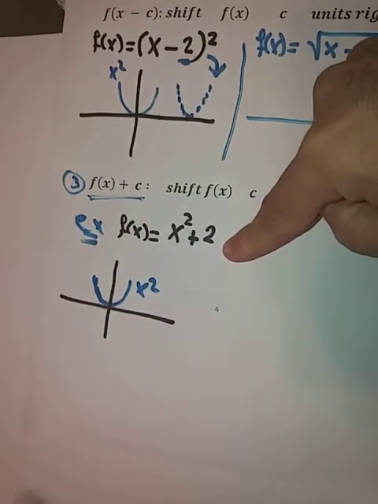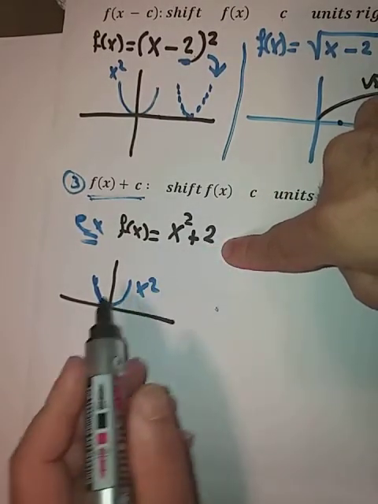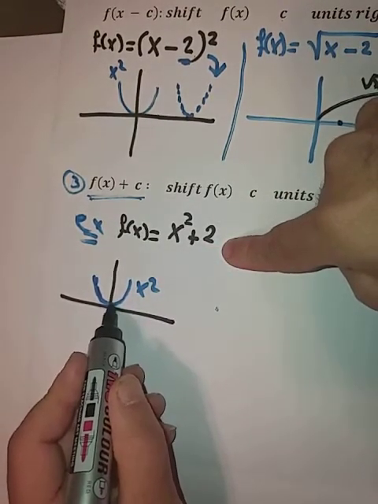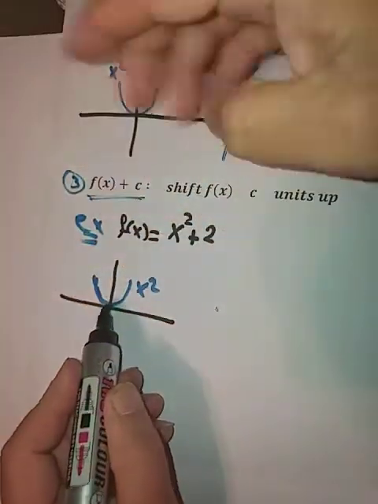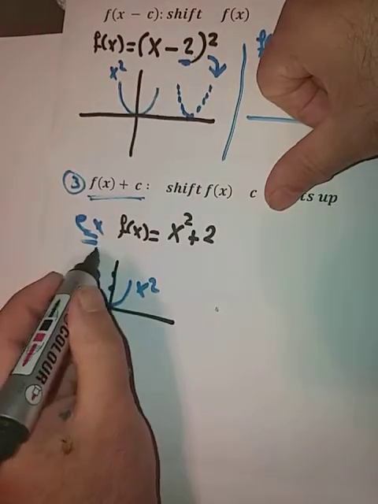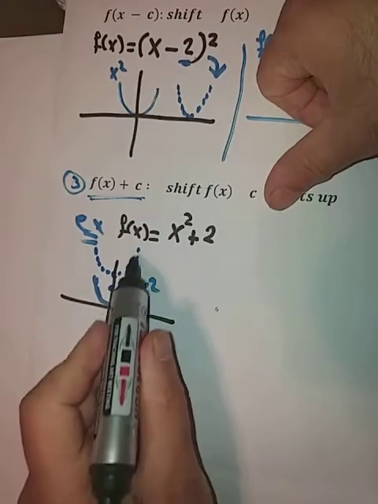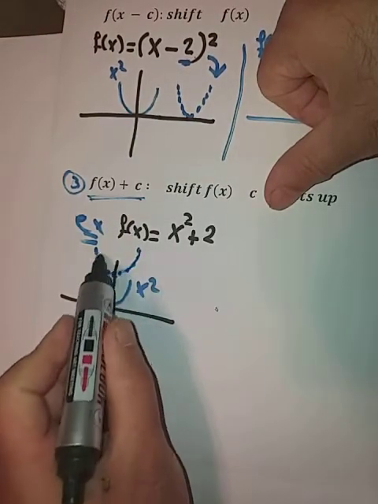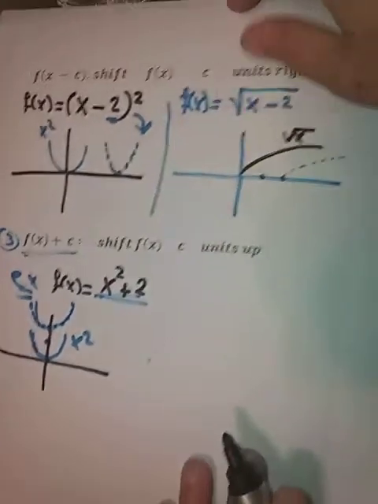Always this graph of parabola, x squared. But we have plus 2. We move at this point 2 units up. 1, 2, then a graph. This graph is a graph of x squared plus 2.